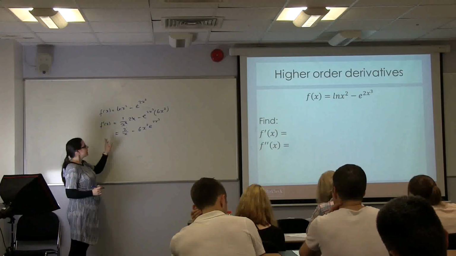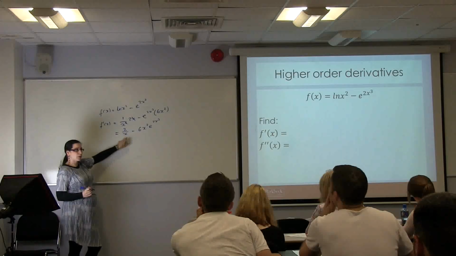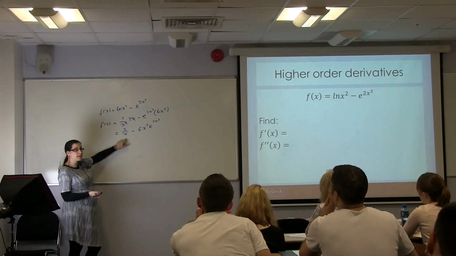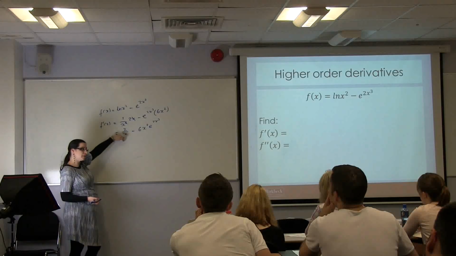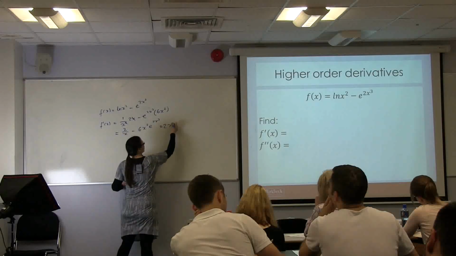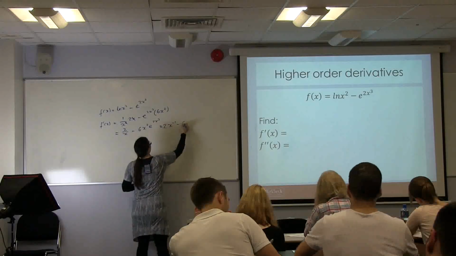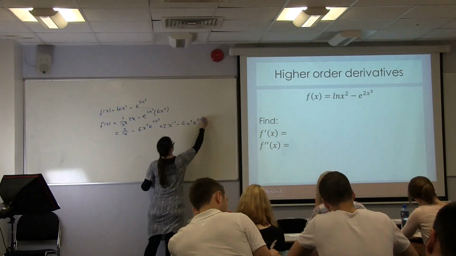Okay, now I need to differentiate it again, but in this format I might not see what this function is, so I need to rewrite this as a power, and anytime when your variable is down, that is a negative power. So this is 2 times x to the minus 1 minus 6x squared e to the 2x cubed.